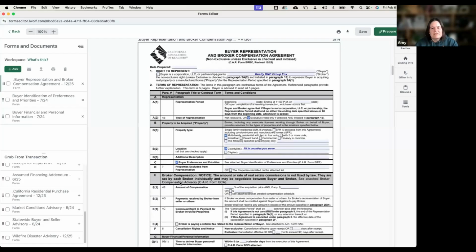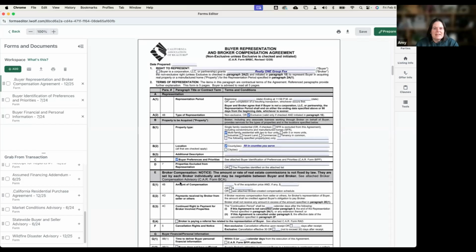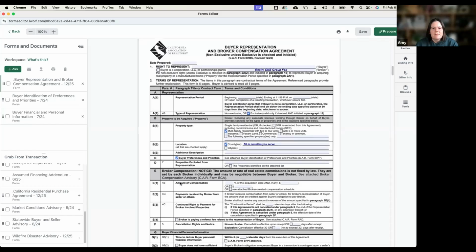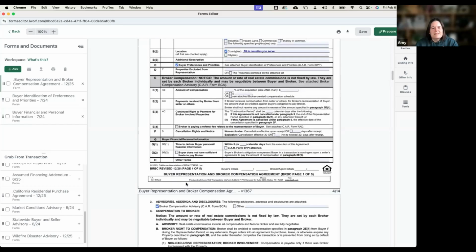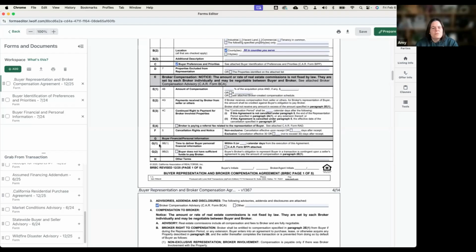Okay. The other form that is referenced on here is our buyer financial and personal information form. And that's down here in section G1. It's defaulted to be included. So time to deliver buyer personal financial information is within 5 days from the execution of this agreement.